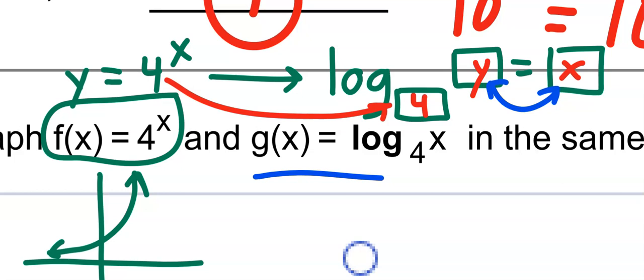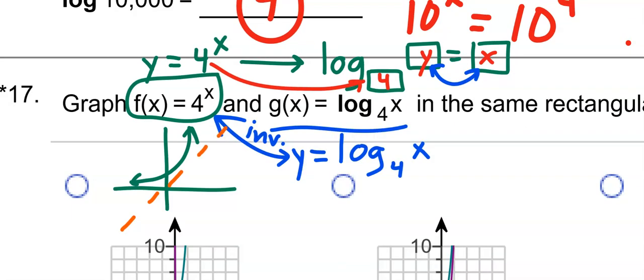Now, we have described in past lessons what happens when you switch x and y. And we have described that and said, okay, if you're switching x and y, then what you're going to get is a reflection across this line, y equals x.